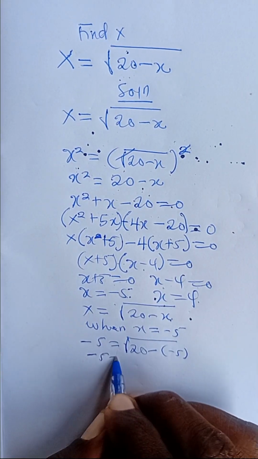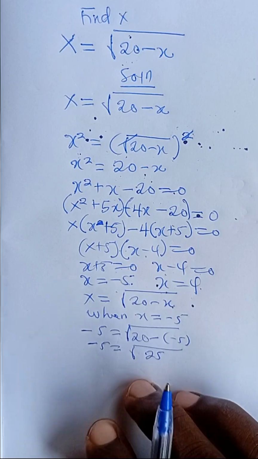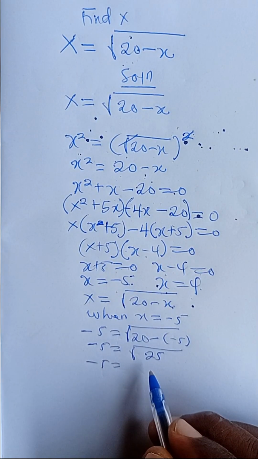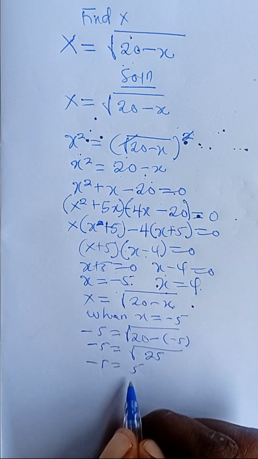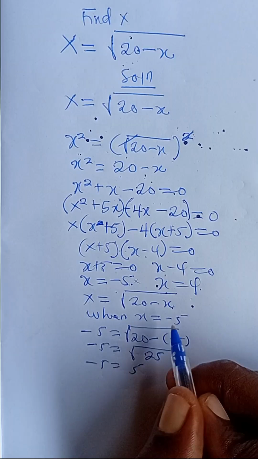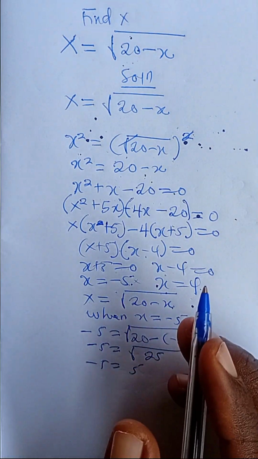So we have minus 5 is equal to the square root of 25, which will be 5. You see, minus 5 is not equal to 5. So we are not going to take minus 5 as the answer for x because it does not satisfy the equation.